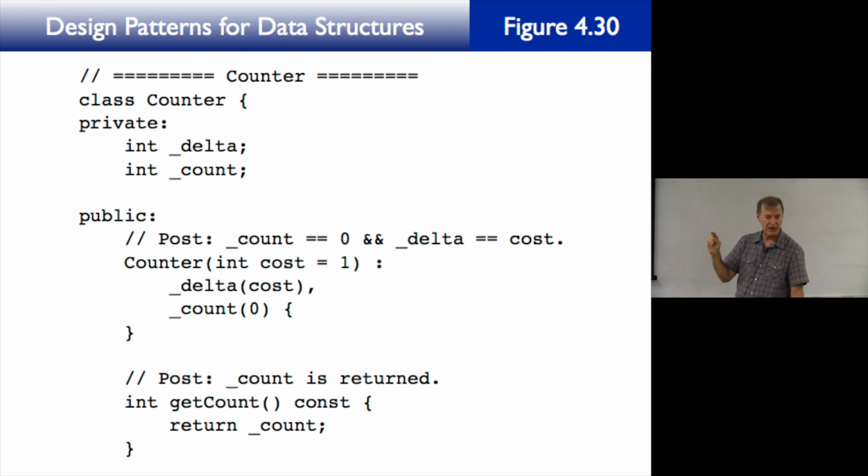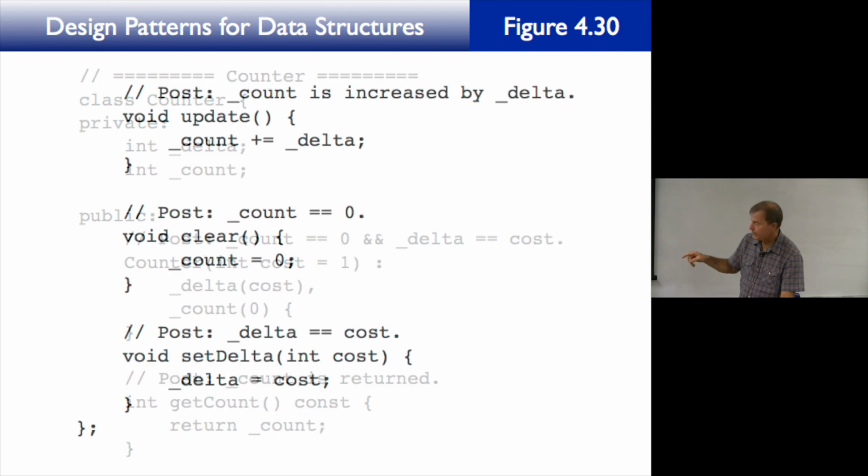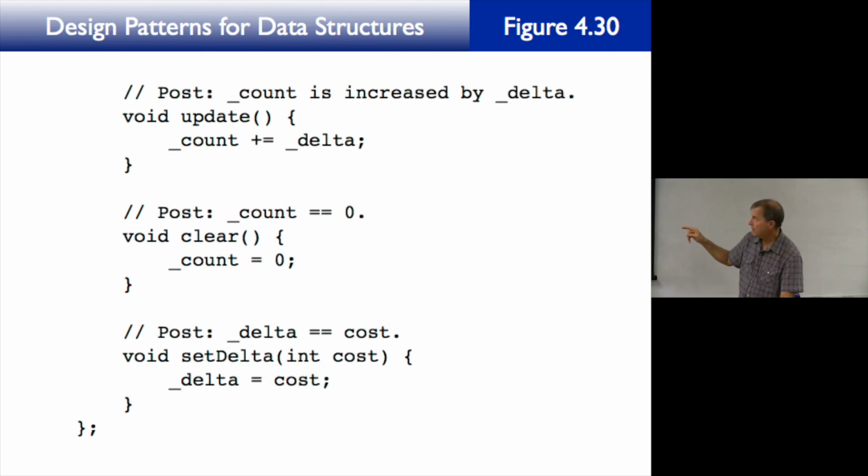In our project, it's always going to be 1, but we have it in here in general, in case you want to use the counter to do some probes and have a different cost for a different counter. And then we have an update and a clear. Whenever we do update, that's when the counter is incremented.